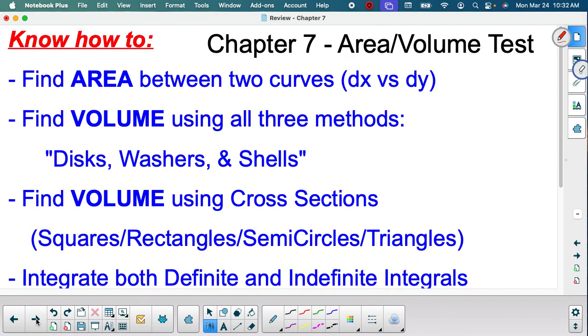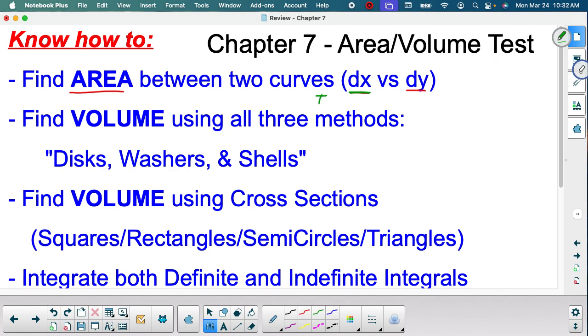Now, let's talk about the test. Here's what we need to be able to do on our test. Number one, where we started, we need to be able to find area between two curves, and understand whether I do it in terms of dx or in terms of dy. If I do it in terms of dx, it's really just adding up rectangles, adding up heights.